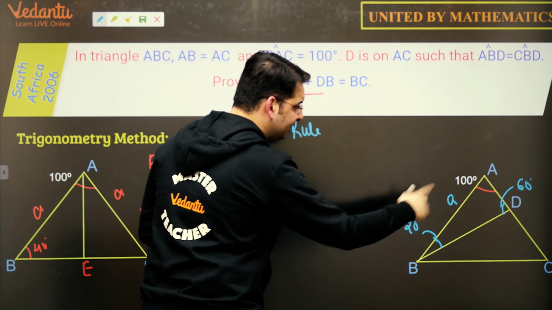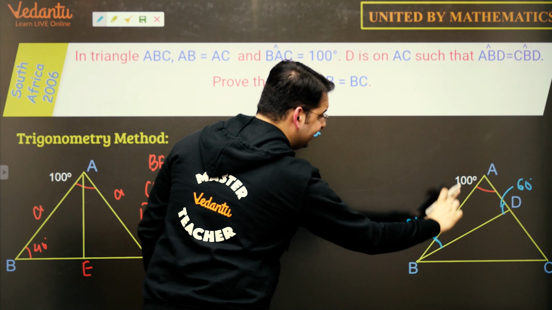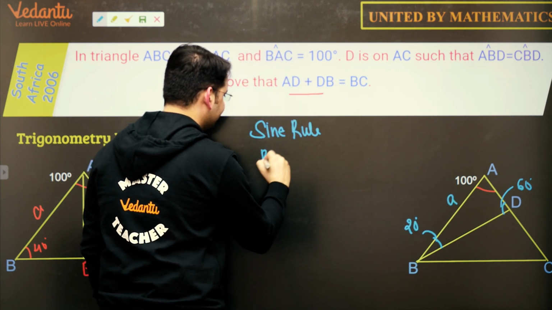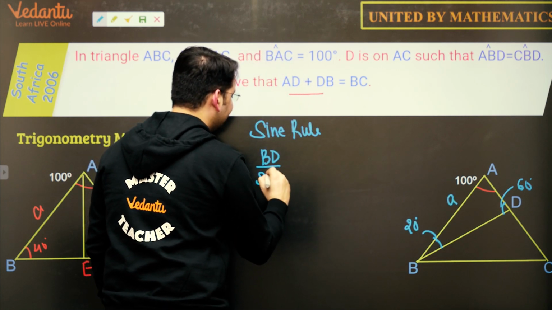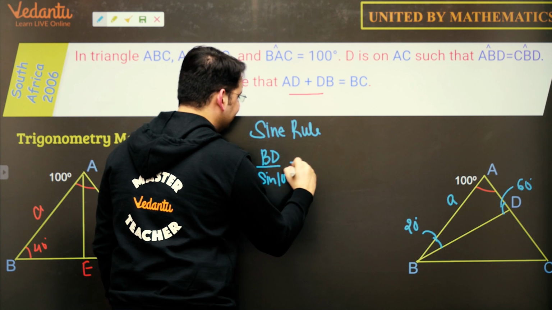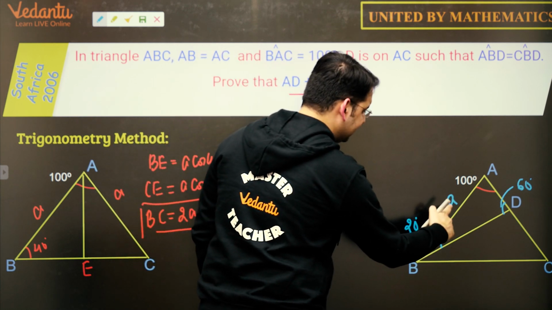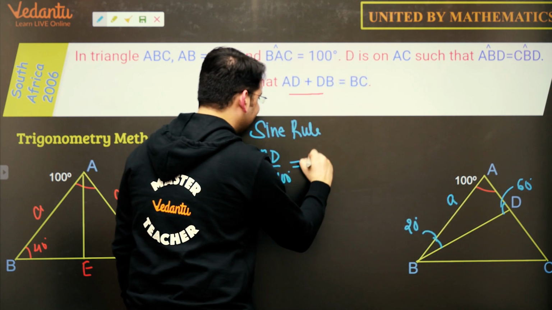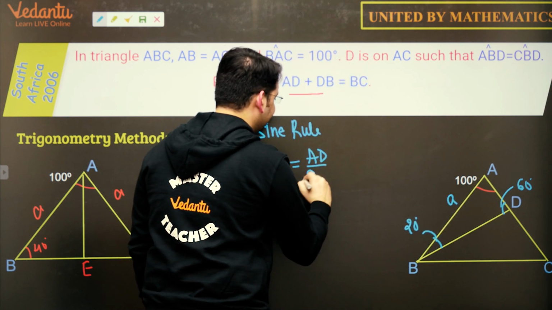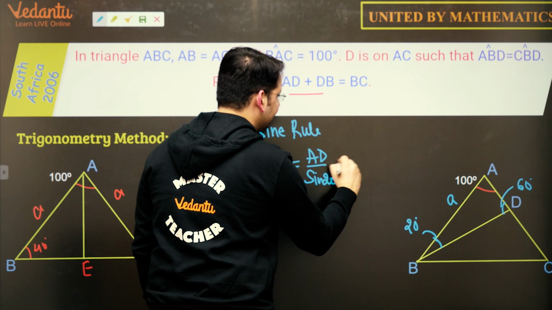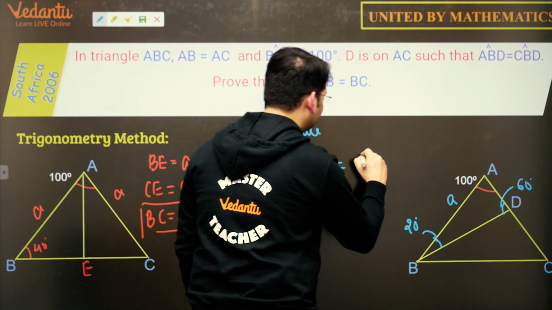So triangle ABD, it says BD upon sine 100 is equal to AD upon sine 20, which is equal to A upon sine 60.